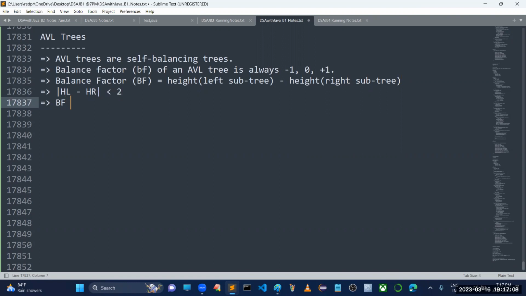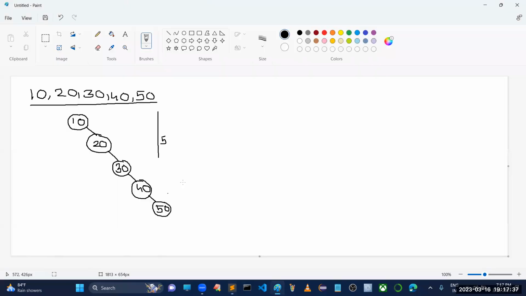That means your balance factor is 0, or -1, or +1 for any node, so it is a balanced tree. That is what I call an AVL tree. In red black trees, the balance is based on some colors. As of now, it is not required. I think you got clarity about these balanced trees.